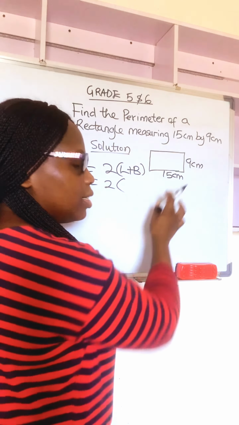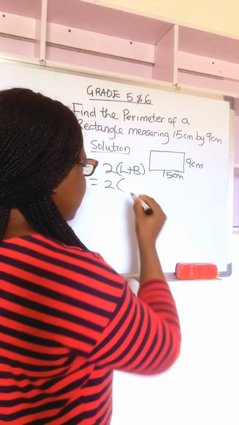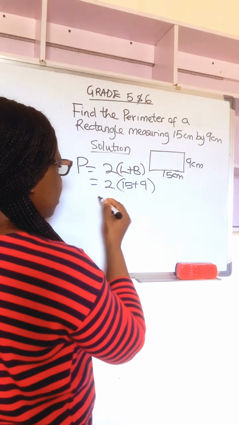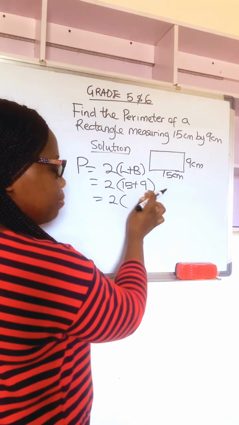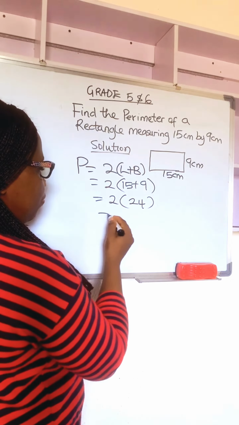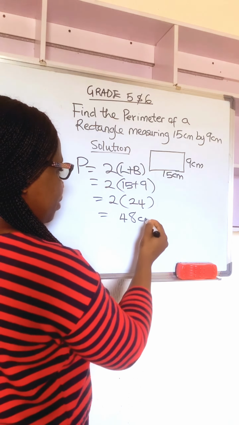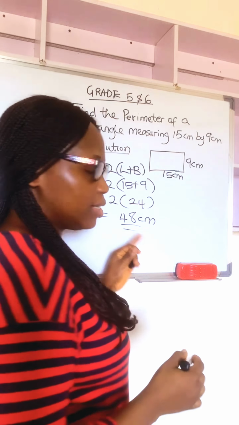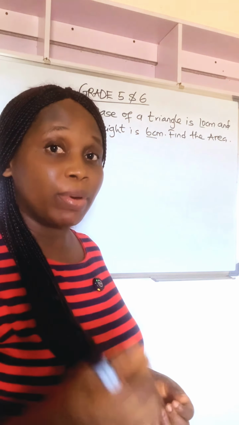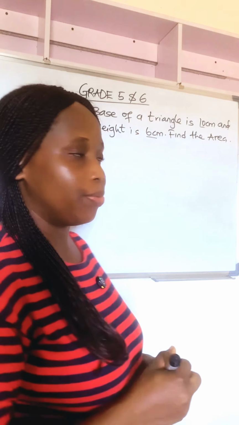The length, which is the bigger side, is 15 plus the breadth, which is 9. So 15 plus 9 is 24. 2 times 24 is 48. And you add the units. This is your answer. This is a very simple question, okay? But if you don't know the formula, you get the wrong answer.